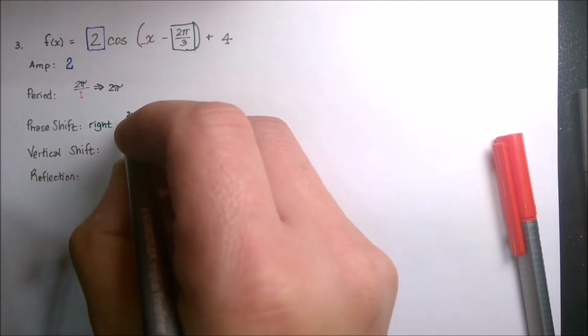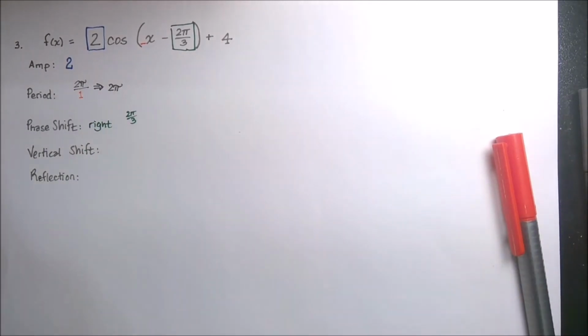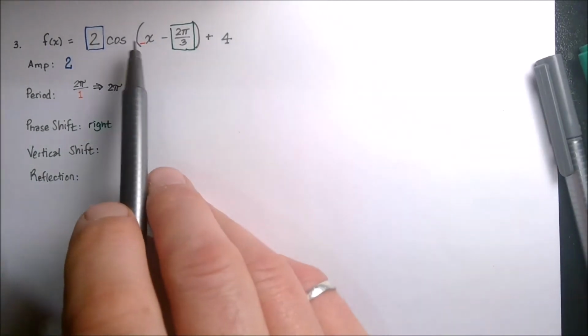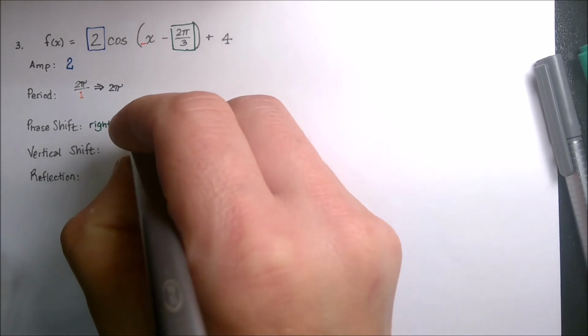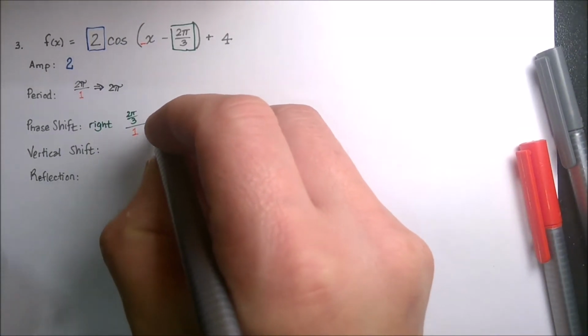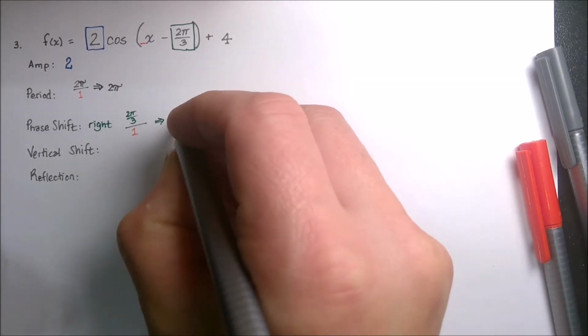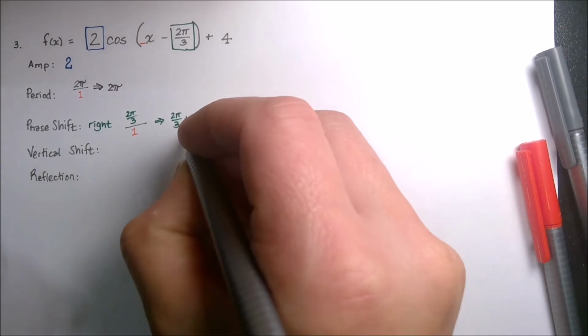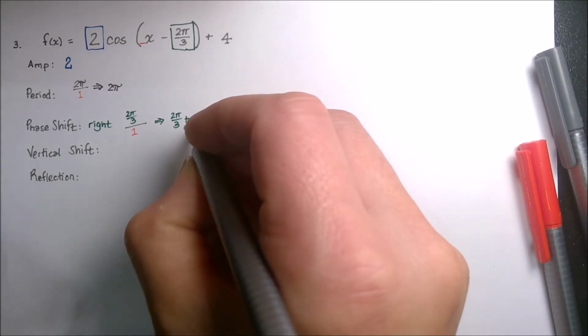And I'm going to put 2 pi over 3, and I'm writing this only because some problems have numbers other than 1 out here. So it's 2 pi over 3 over 1, which of course we know is just plain old 2 pi over 3. So it's moved 2 pi over 3 to the right. I'm just going to write that out.